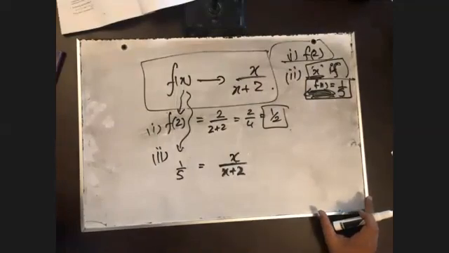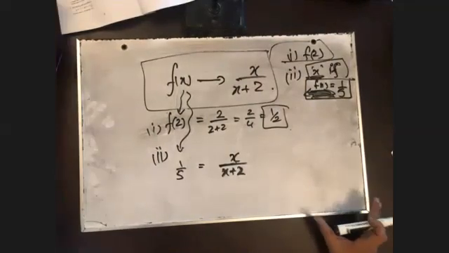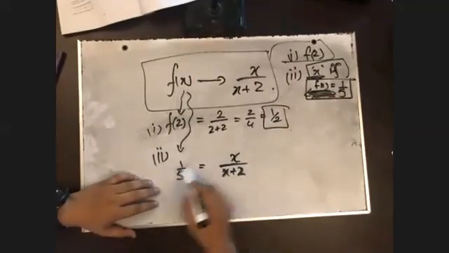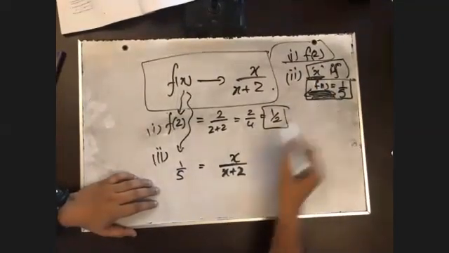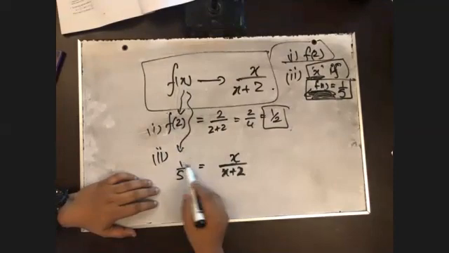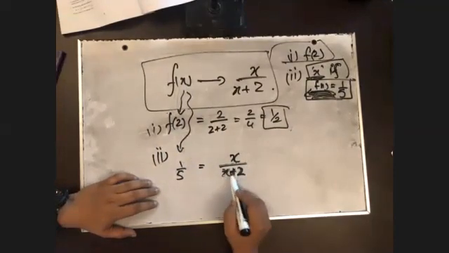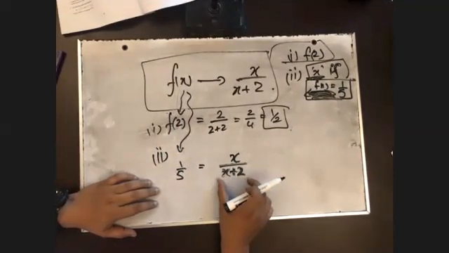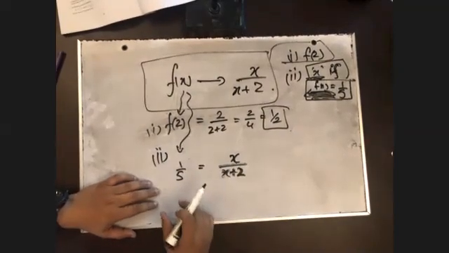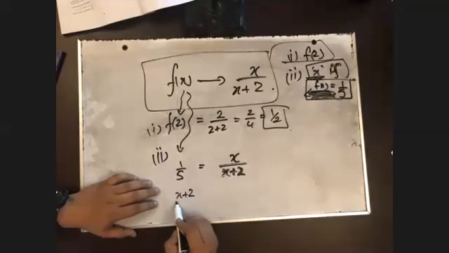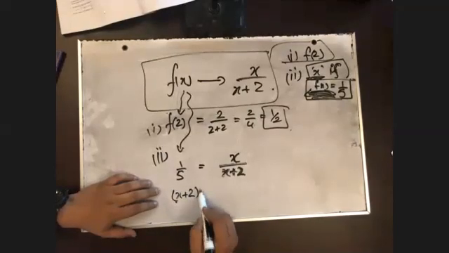Okay, bye. So the next part of the question says, I need to find the x. If f(x) is equal to 1 over 5, instead of f(x), I put 1 over 5 is equal to x over x plus 2. Now x plus 2 is the denominator. I send it up, it becomes x plus 2 into 1.